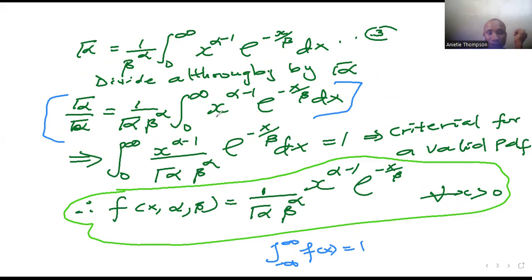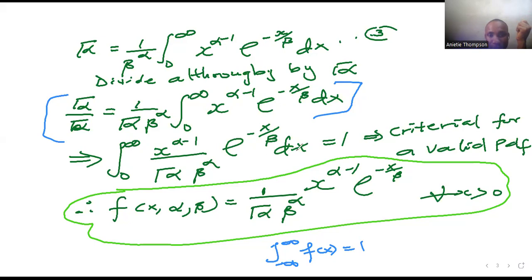So therefore, we have that the integration here, pulling everything inside the integration, means that the integral from 0 to infinity of x raised to the power of alpha minus 1, which is here, then exponential minus x upon beta, which is here, divided by, I pull this constant here, 1 over gamma of alpha, into the integrand.